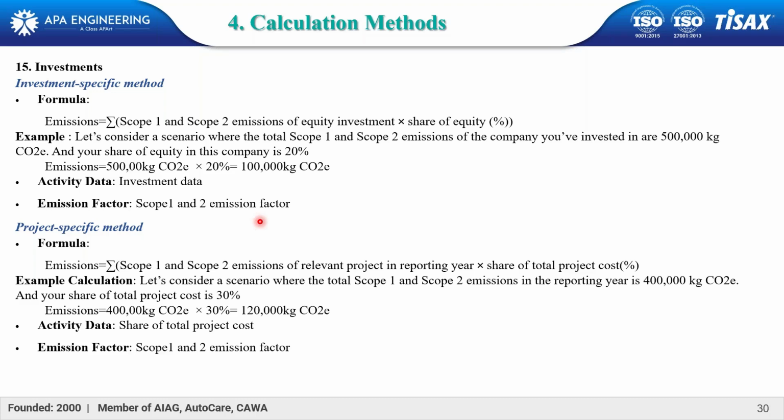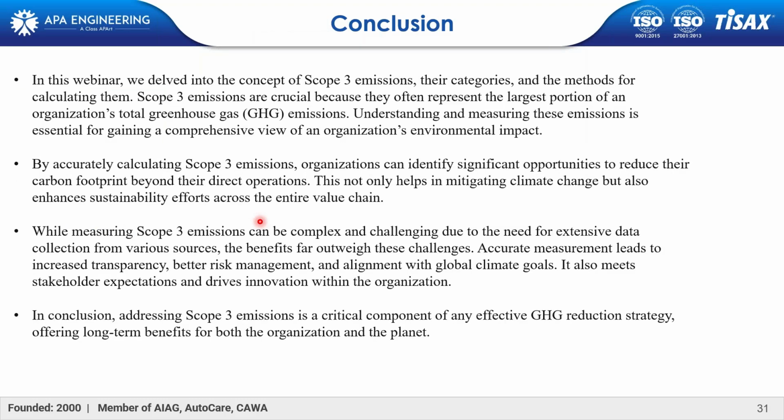So we covered all the calculation methods of the 15 categories included in upstream and downstream categories. In this webinar, we've looked deep into the concept of scope 3 emissions, their categories, and the methods for calculating them. Scope 3 emissions are very crucial because they often represent the largest portion of an organization's total greenhouse gas emission.